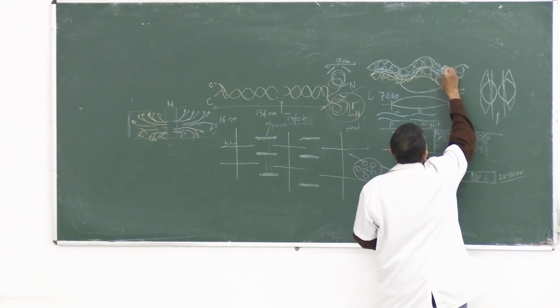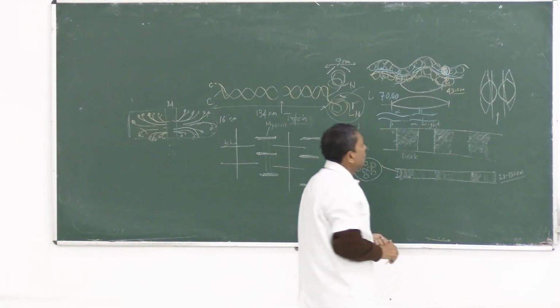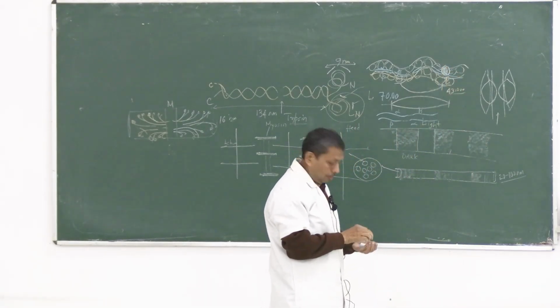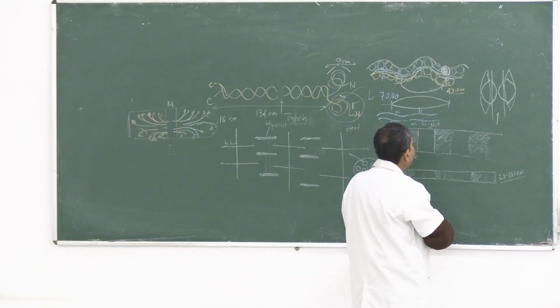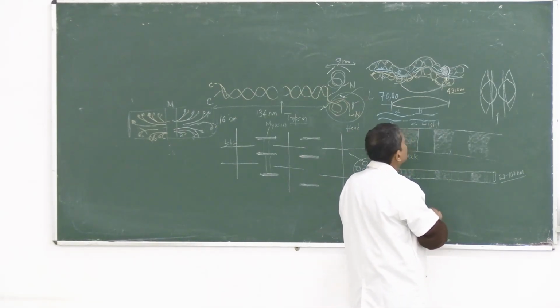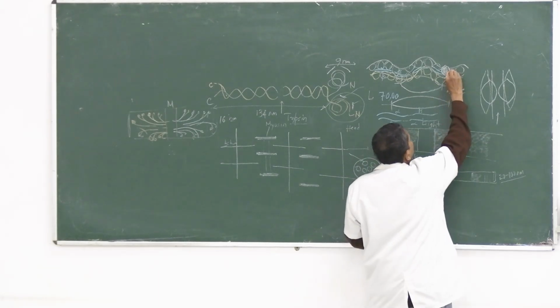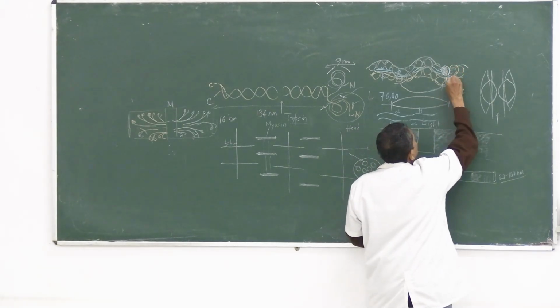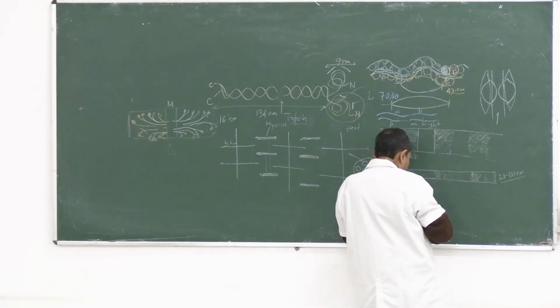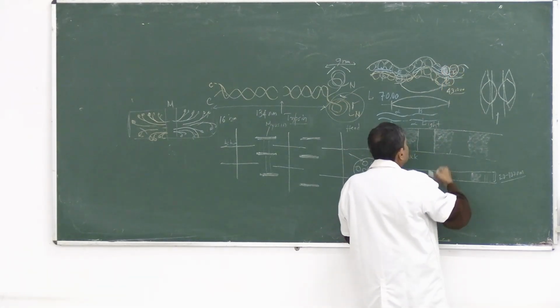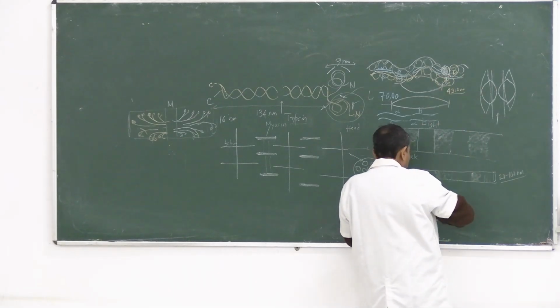It is the troponin T that binds the other part with it. And there are troponin T, troponin I, and troponin C. Suppose it is troponin T, troponin I, and it is, suppose, troponin C, another troponin C.